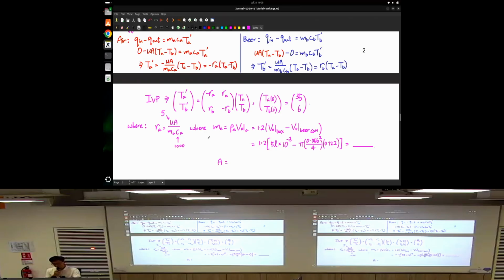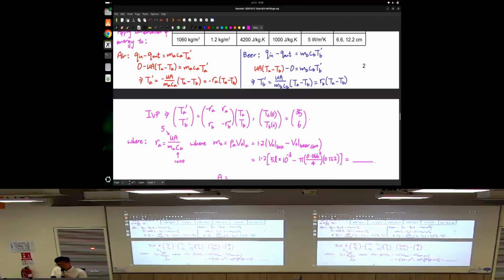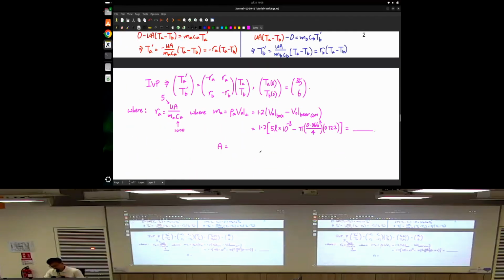So what's the area? The area of heat transfer is actually the area that is exposed to the air. So the area that is in contact with the base of the can, that is in contact with the cooler box, the one you neglect. You have to minus away, if you want to be as accurate as possible. So therefore, the area here must be, wait, let me draw the beer can.